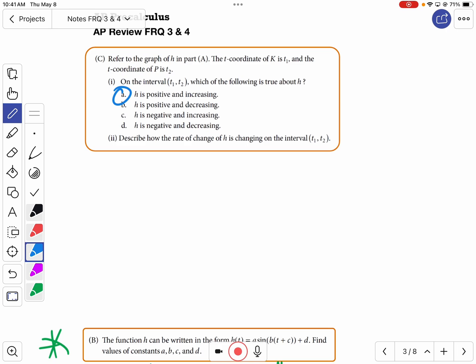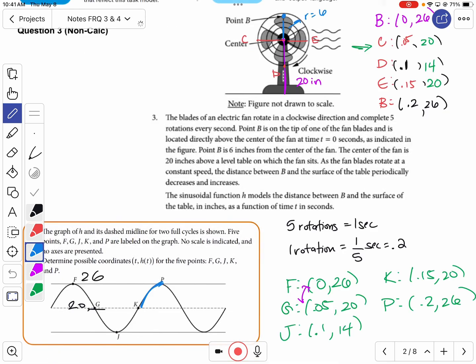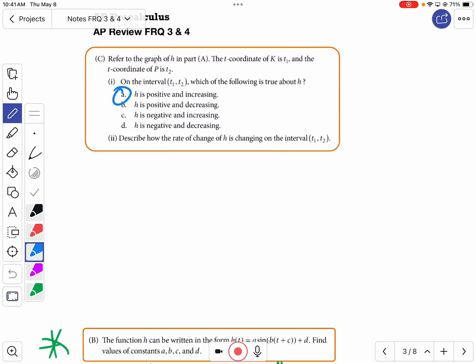Then the last one, describe how the rate of change is changing. What are we looking for on that? Concavity. If we look, what kind of concavity does it have? It's down. So that means the rate of change is decreasing. So we would say the rate of change of H is decreasing.